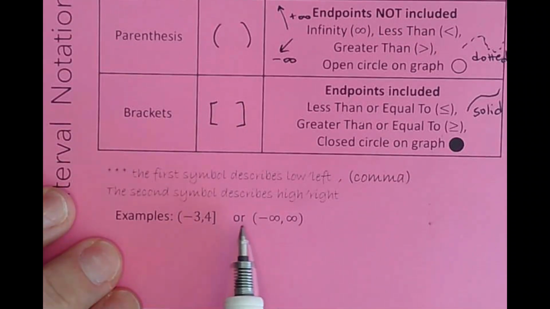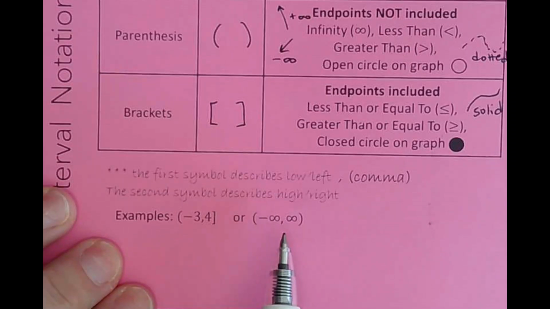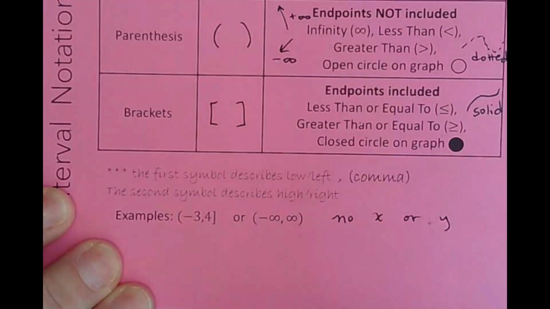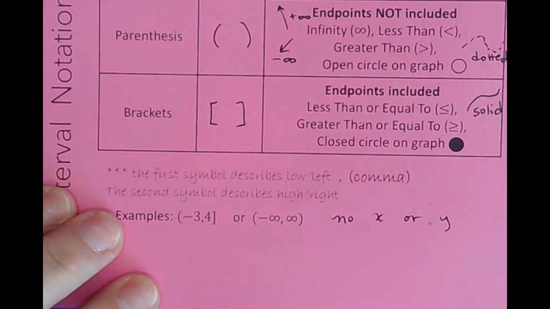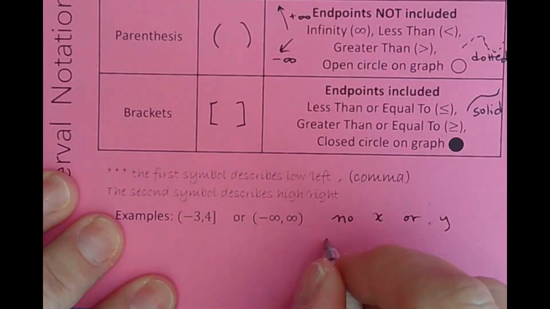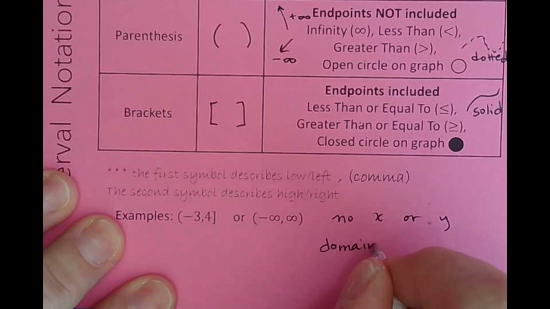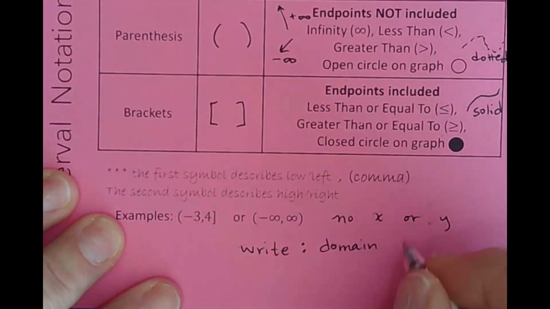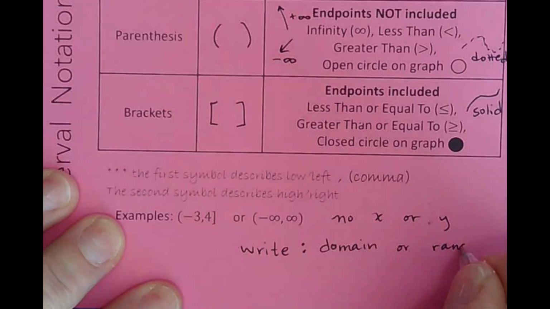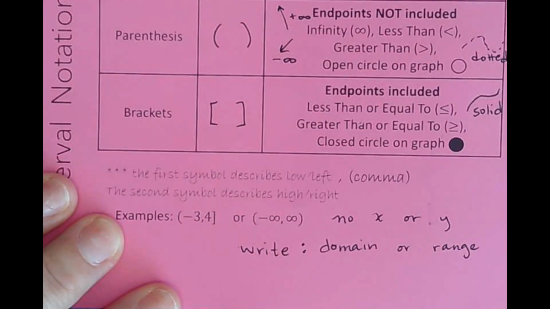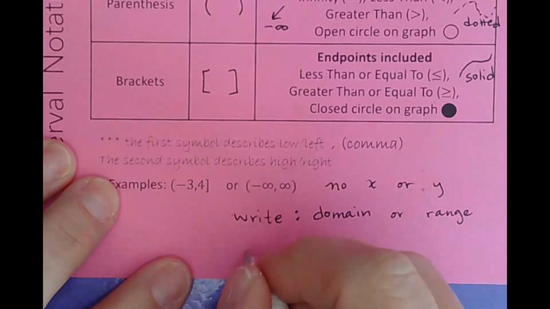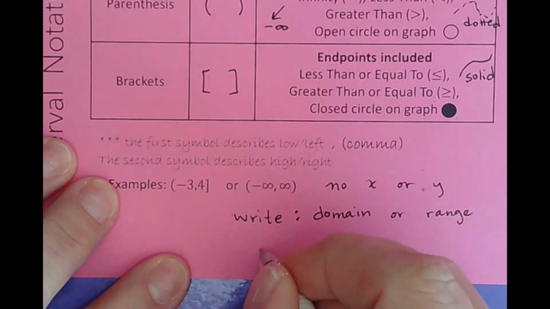Notice here in these examples that there's no x or y used. So you have to define whether you have a domain or a range. You also write domain or range next to your notation because this can look like a point. So be careful.